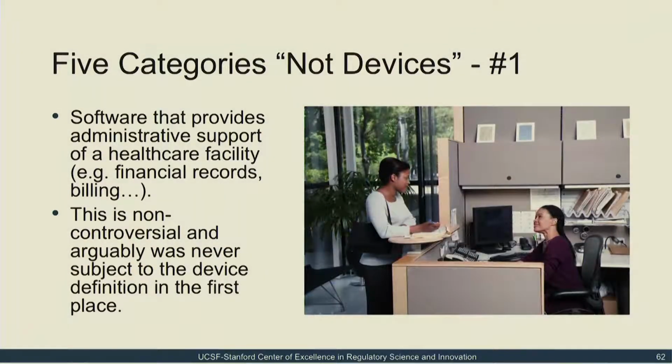Let's now go through the 5 categories of software that since 2016 are excluded from the medical device definition. The first one is straightforward, and it is software that provides administrative support of a healthcare facility, including the processing and maintenance of financial records, claims or billing information, appointment schedules, business analytics, admissions, inventory management, laboratory workflow, and others.